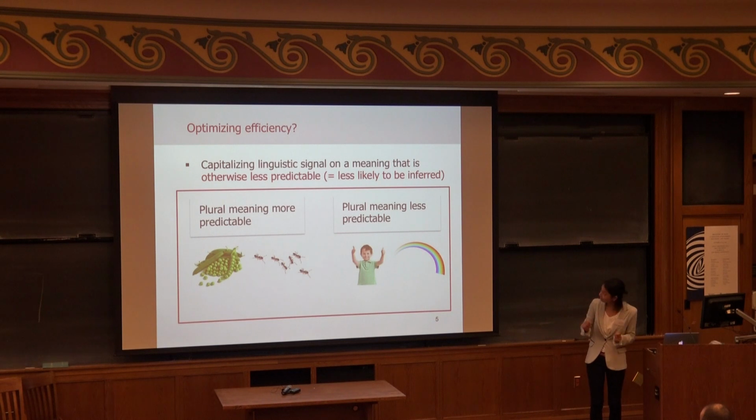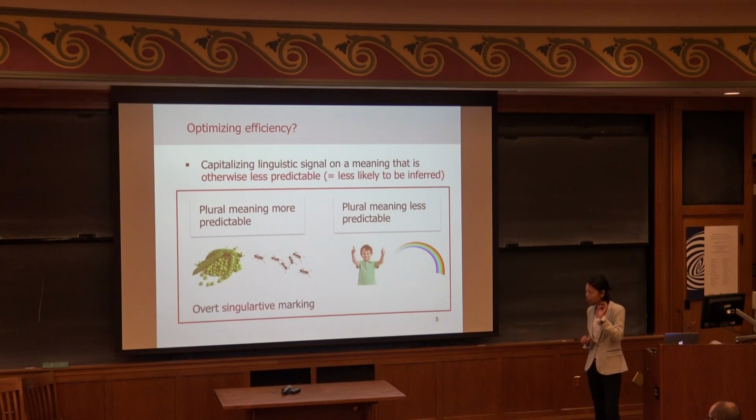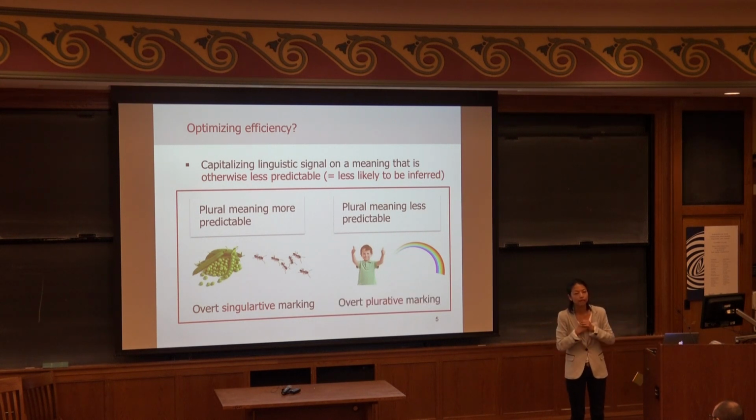So, in some sense, if language users are making efficient use of the language encoding system, it makes sense to put a marker on an otherwise less predictable meaning: singulative marking for these referents, but plural marking for those referents.